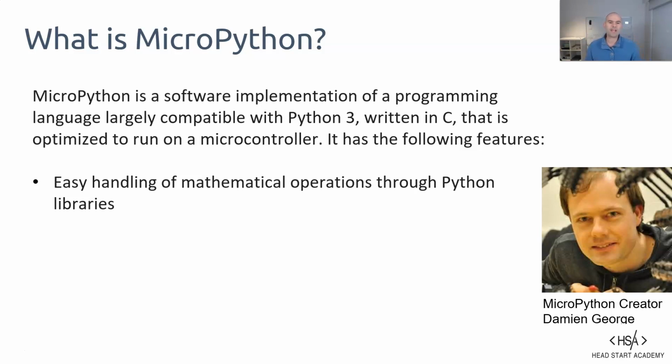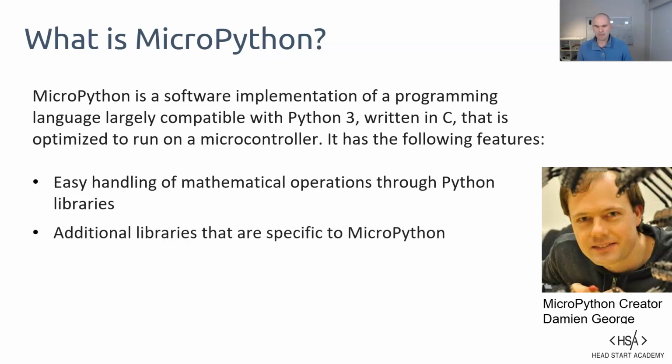And Python can do that a lot easier with its math libraries than its C-based counterparts. You've got additional libraries that are specific to MicroPython, and it's easier to write libraries in Python than it is in C. In fact, most devices that MicroPython works on have their own additional libraries.